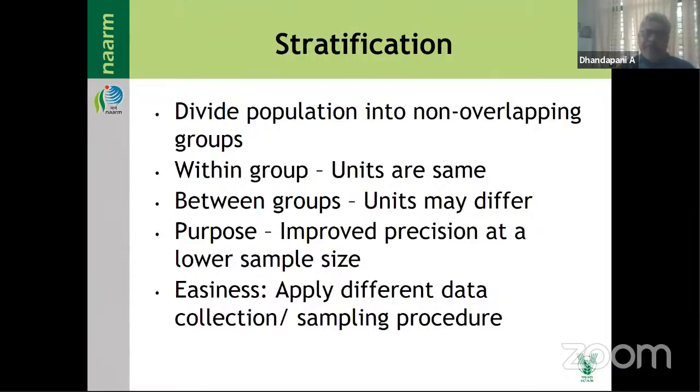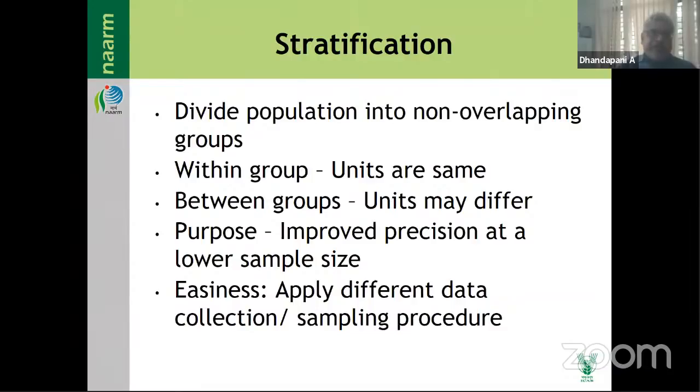Another advantage of stratification is that, for example, certain areas are inaccessible terrains. If you go for stratification, then you can think of a different way of collecting the data there, because for all other places you can apply a different way. Stratification is about dividing the population; we are not talking about how we are going to select.